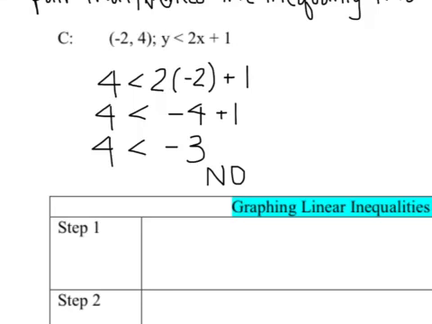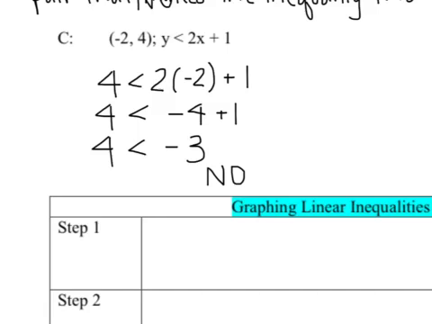All right, for letter C, you should have found no. If you plug in negative 2 for x and 4 for y, you have 2 times negative 2 plus 1, which is negative 4, plus 1, which gives you negative 3. So then you end up with 4 is less than negative 3, which is not true.